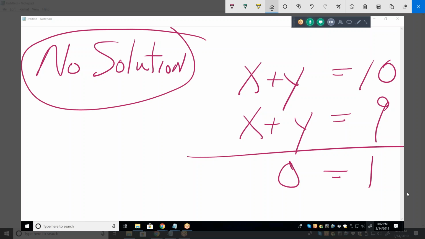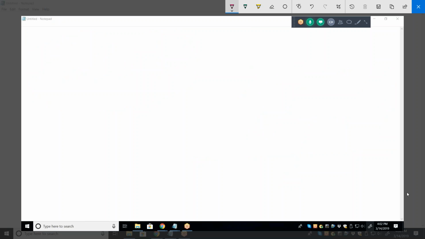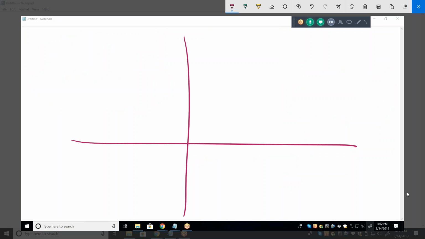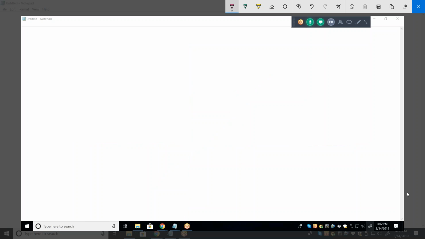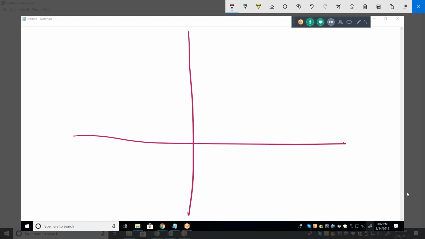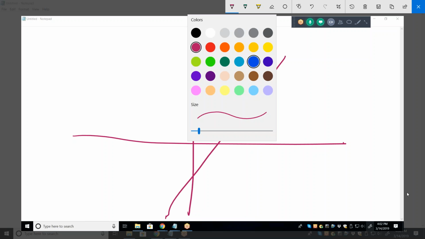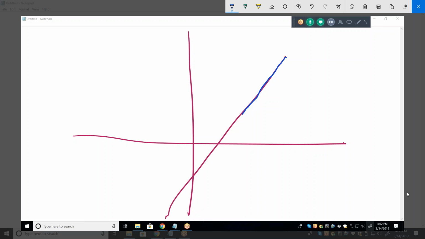Now, just as a little bit more explanation, if I were to do this graphically, when you get a solution, you have a line and you have another line, and you have a unique solution right there. If you have an infinite number of solutions, you have a line, and your second line is just right on top of the first line.